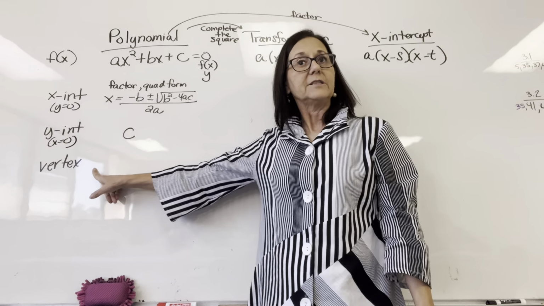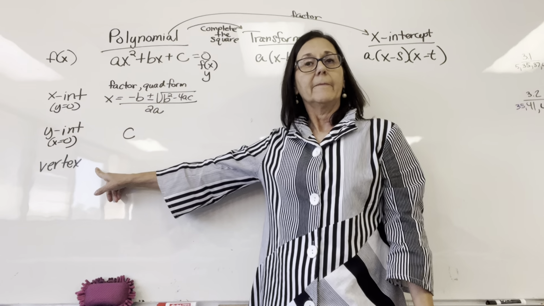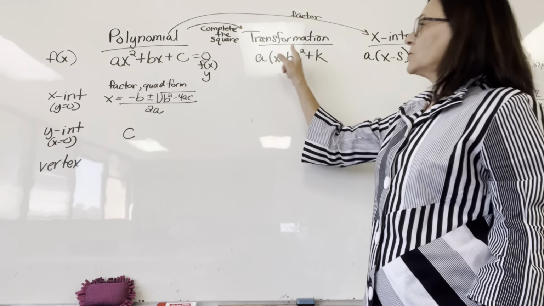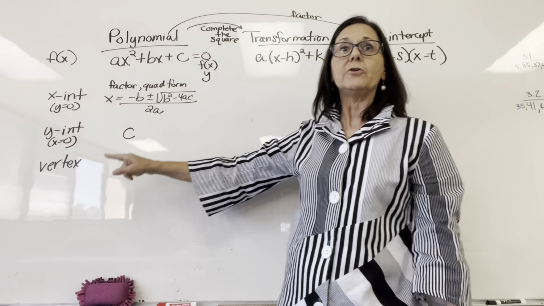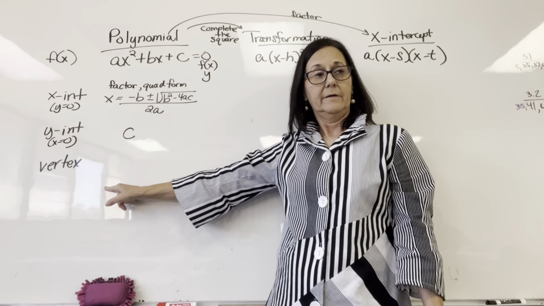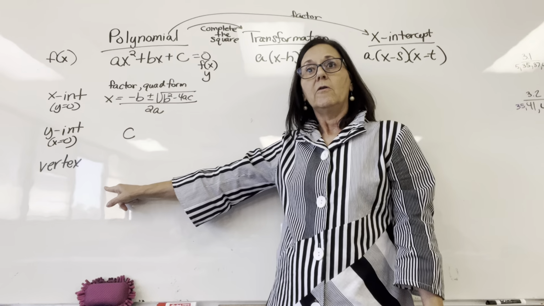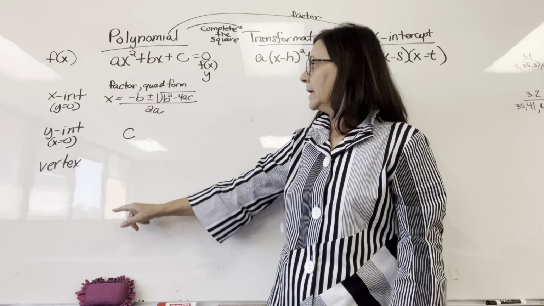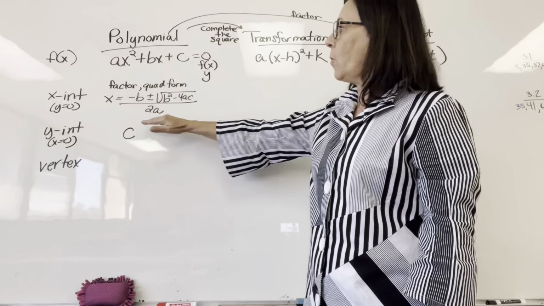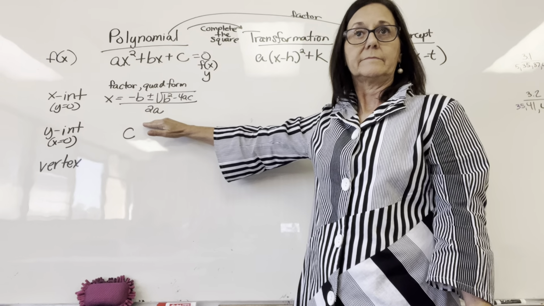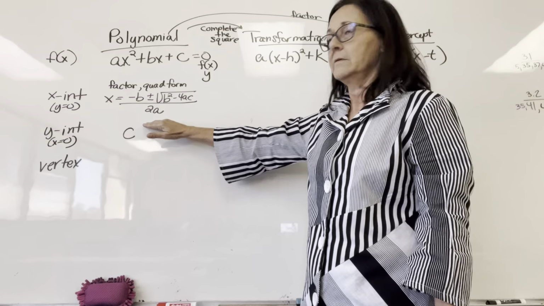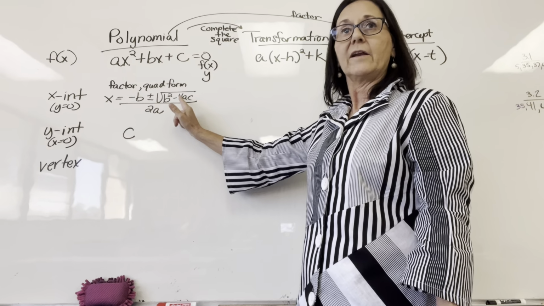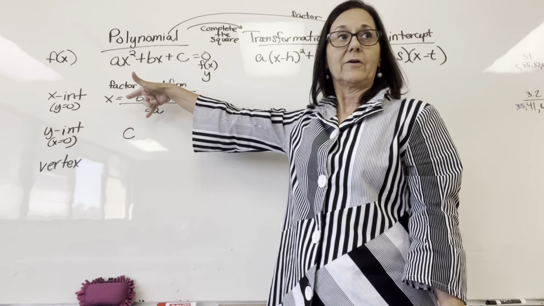For us last year, the way we found the vertex is we completed the square and put it in transformation form. But I did tell you another method for solving for the vertex. If you look at the quadratic formula, you can see two parts: what's under the radical, what's not under the radical.